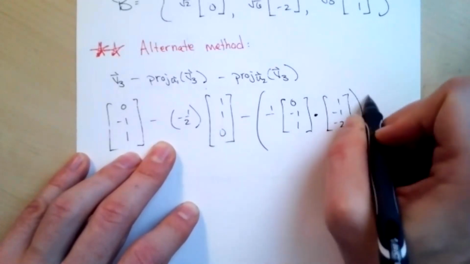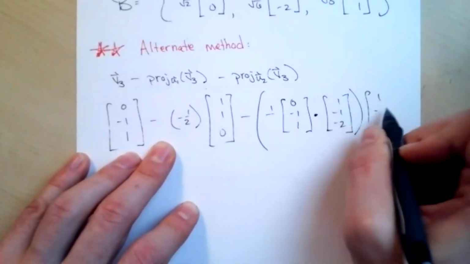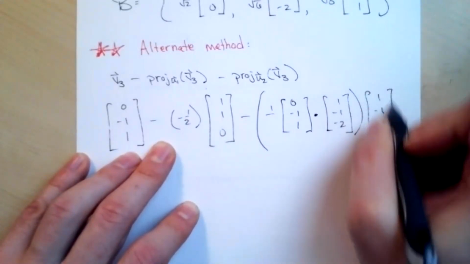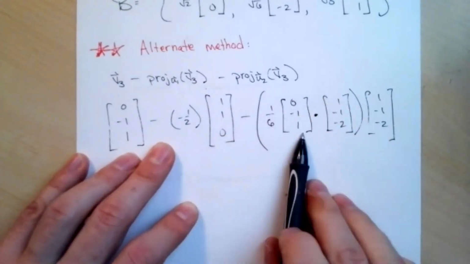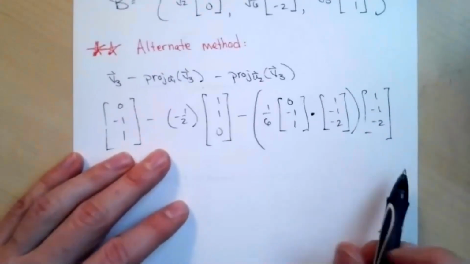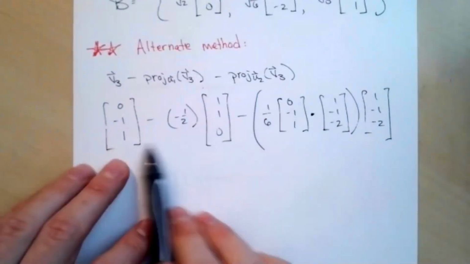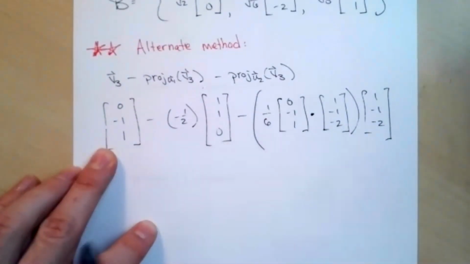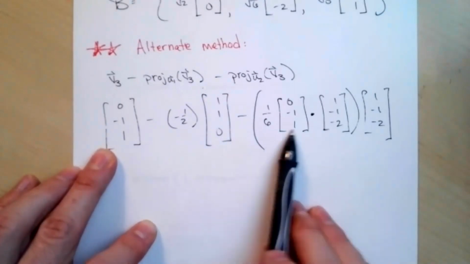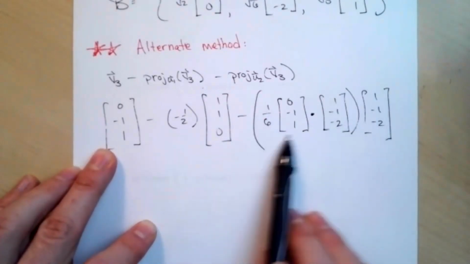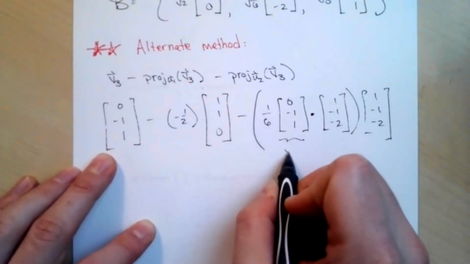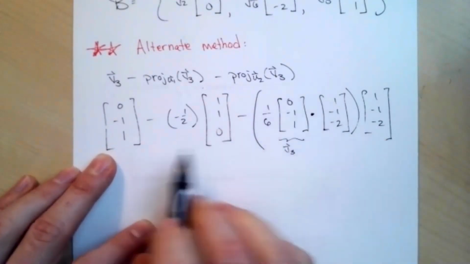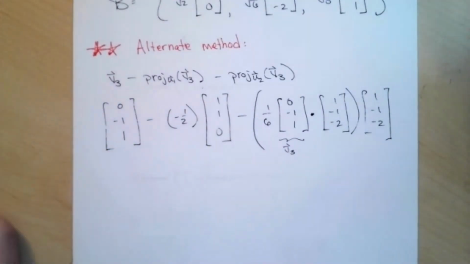And then, of course, we want that in the direction of u2, and so we would get those two factors of square root of 6 again. So same computation, except now instead of finding w3 first and then subtracting off the next component, we are simply sticking with our v3 here and subtracting off both of the parallel components simultaneously.